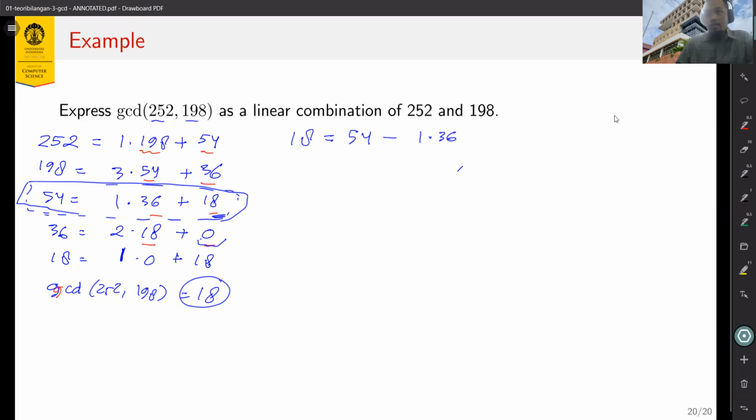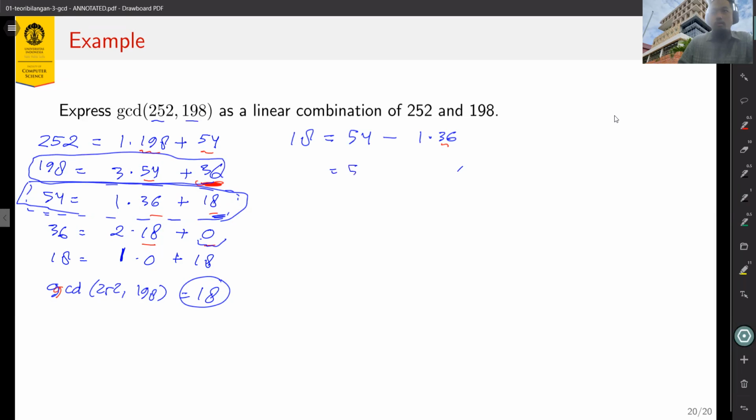Now in the next step, we look at the 36. We replace 36 with its equal amount from the calculation. So what do we get?